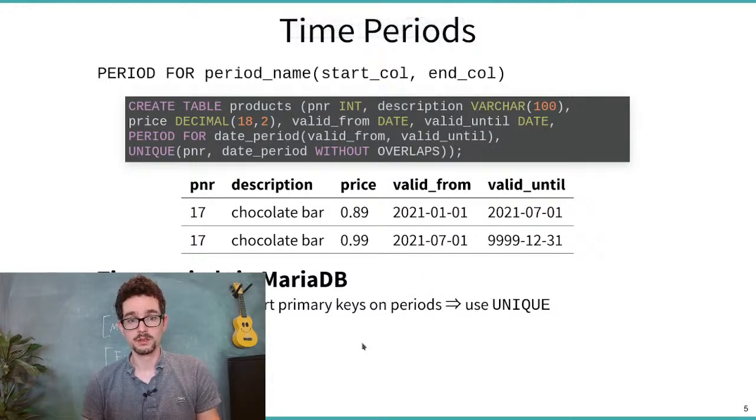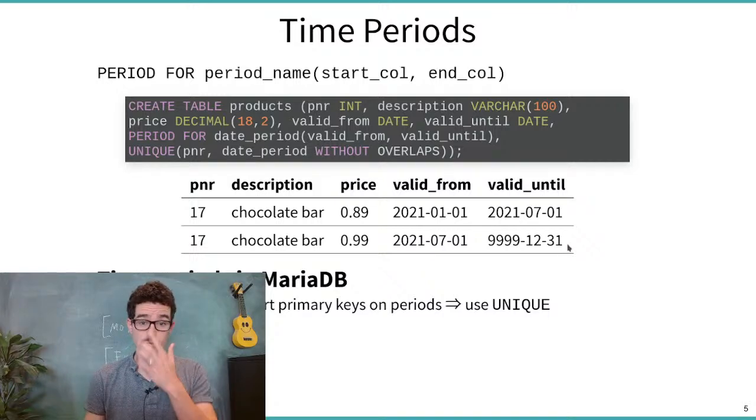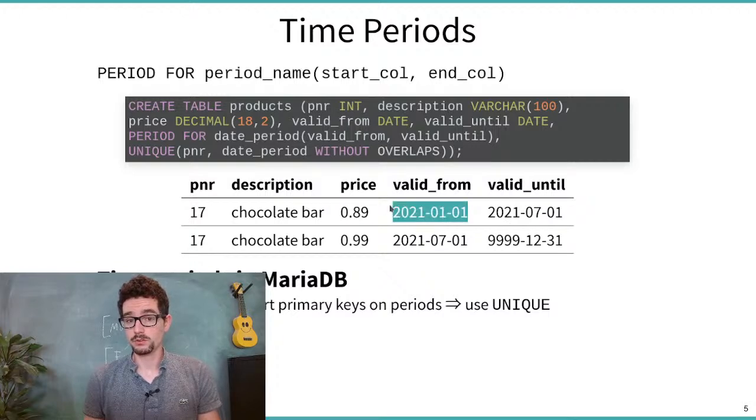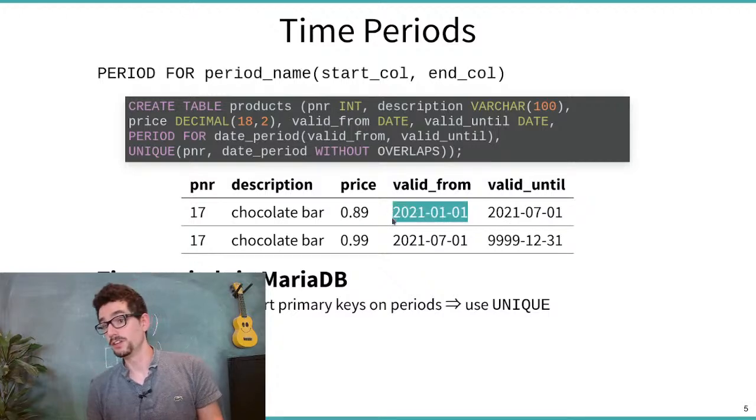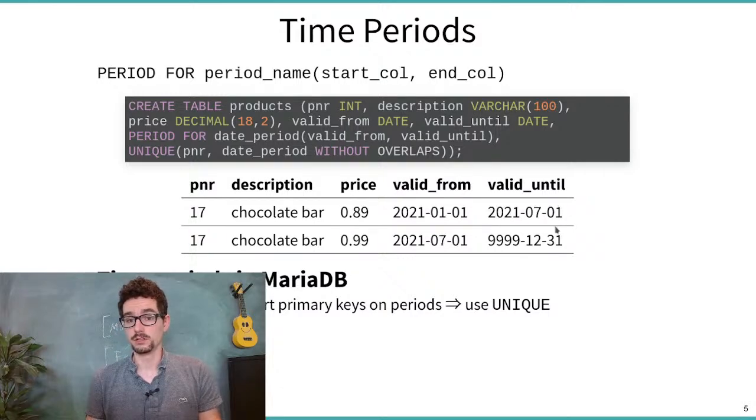So now we have a time period column in our products table, which simply allows us to track changes manually by using a date when something was valid or will be valid and until when it will be valid. With the unique with overlaps clause, we guarantee that there are no overlaps.